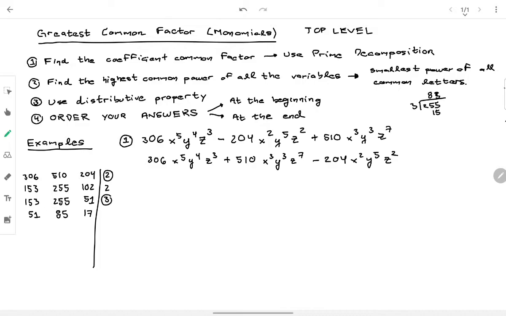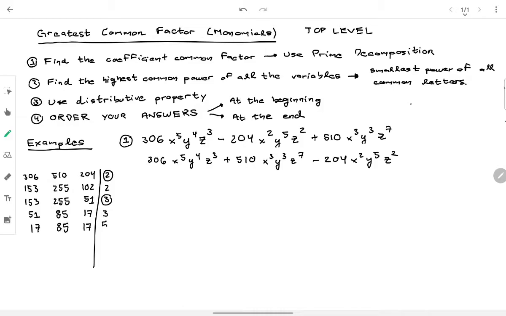Then 85 and 51 are divisible by 3, but not this 17, so it's going to be 17. 85 is not divisible by 3, so it will stay the same. 85, 17.